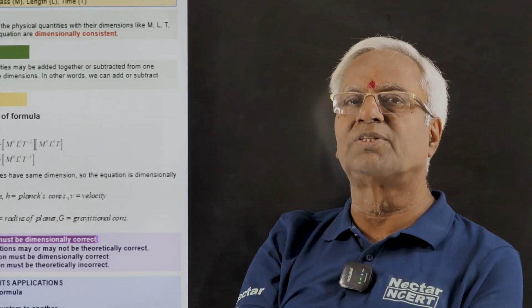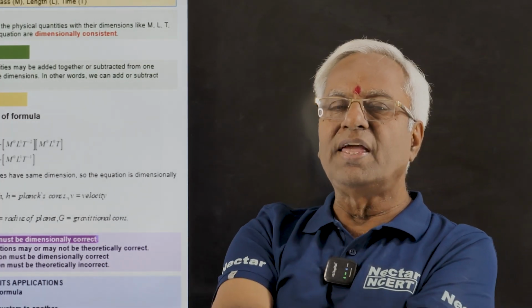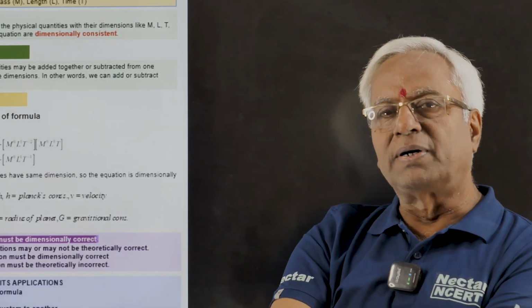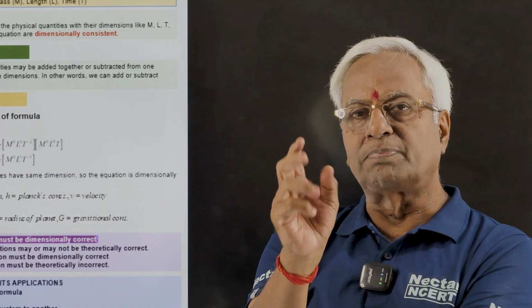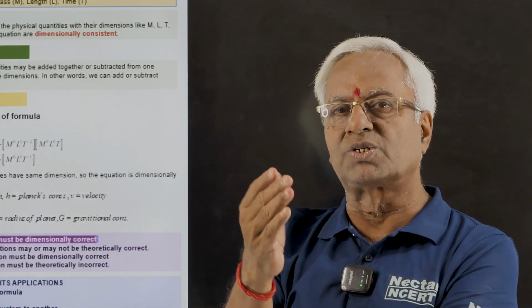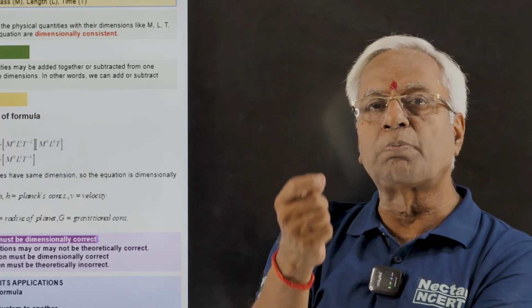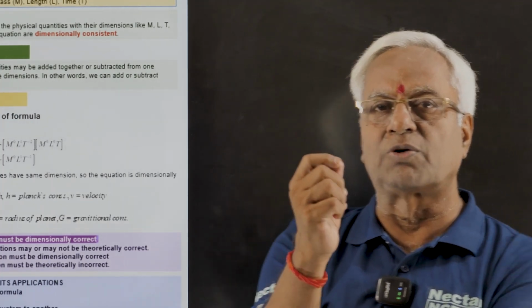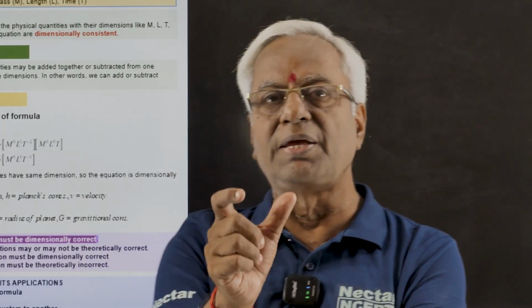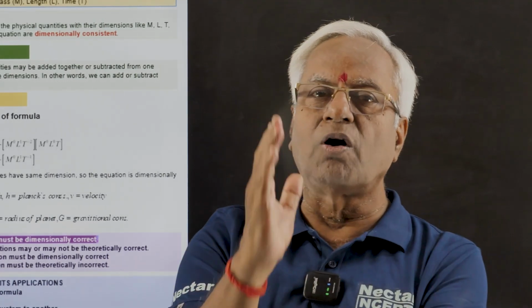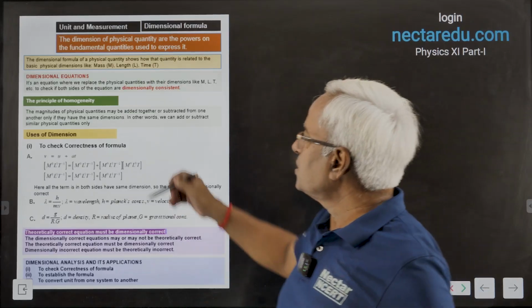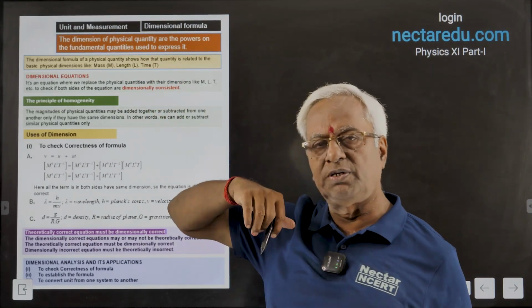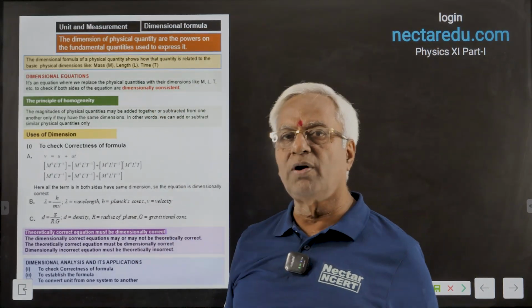This is exactly what the principle says. The name itself might sound heavy, but the idea behind it is very simple: addition, equation, and subtraction are possible only between quantities which have the same dimension. On the basis of this principle, you can proceed with many dimensional problems.